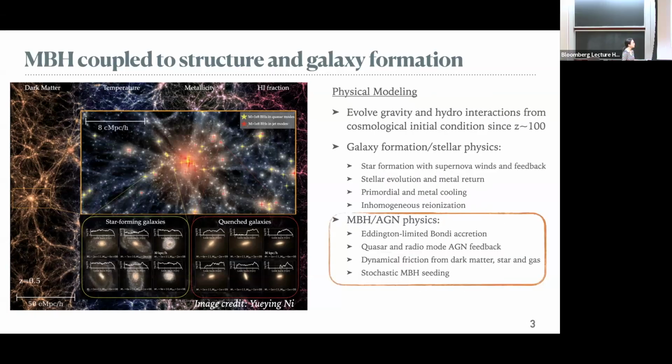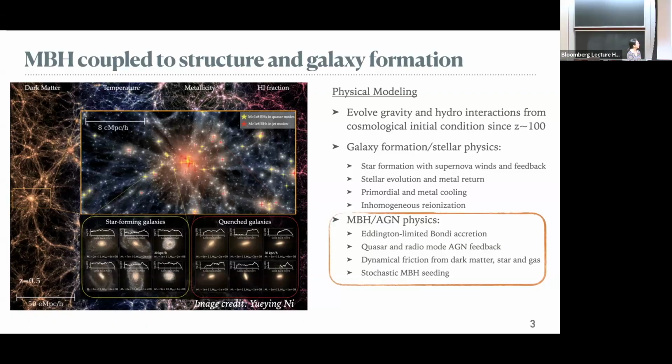The main differences between simulations are more so in the black hole physics. In the galaxy formation physics, there are more minor differences. The star formation model is similar, and also the supernova winds.